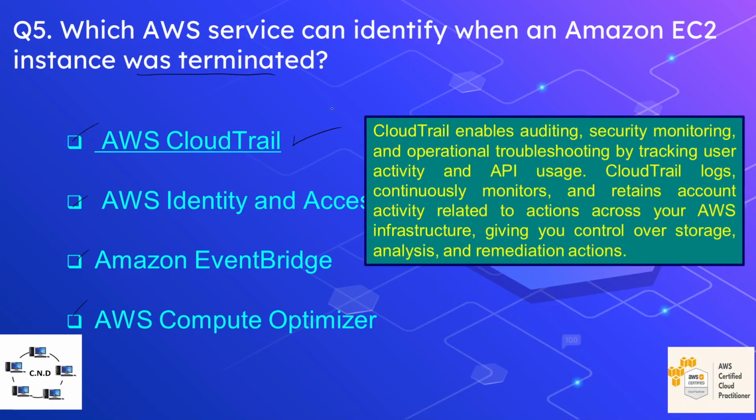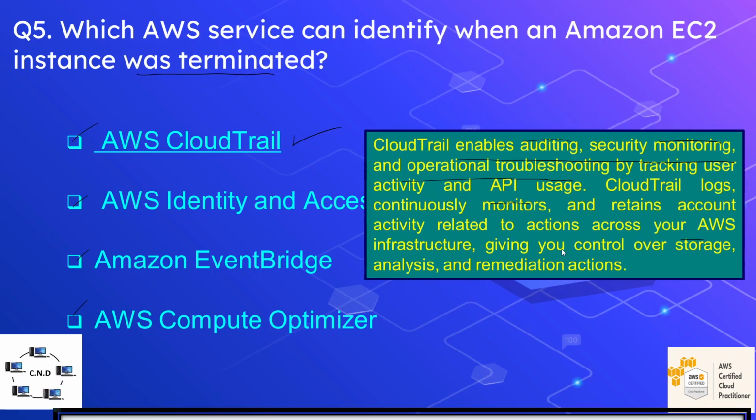And what is AWS CloudTrail? CloudTrail enables auditing, security monitoring, and operational troubleshooting by tracking users' activity and API usage. CloudTrail logs, continuously monitors, and retains account activity related to actions across your AWS infrastructure, giving you control over storage, analysis, and remediation actions.